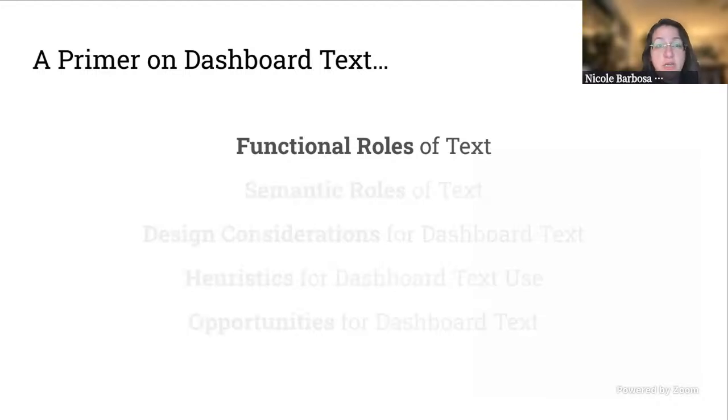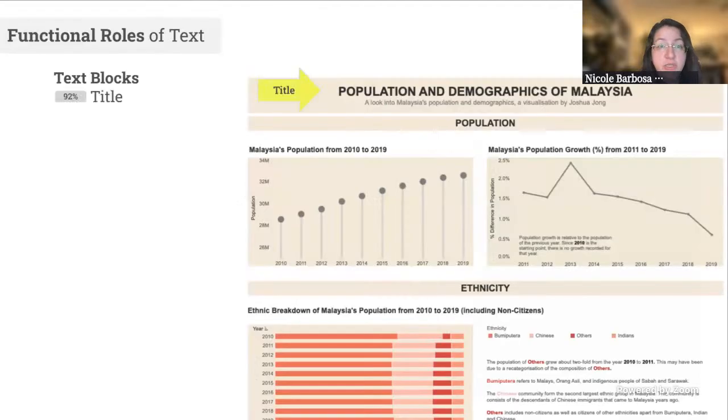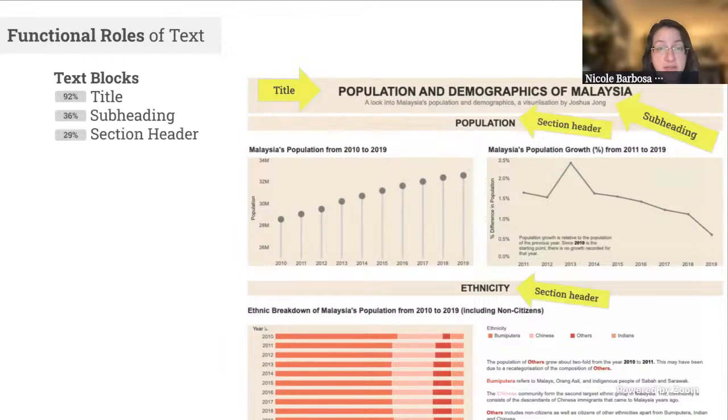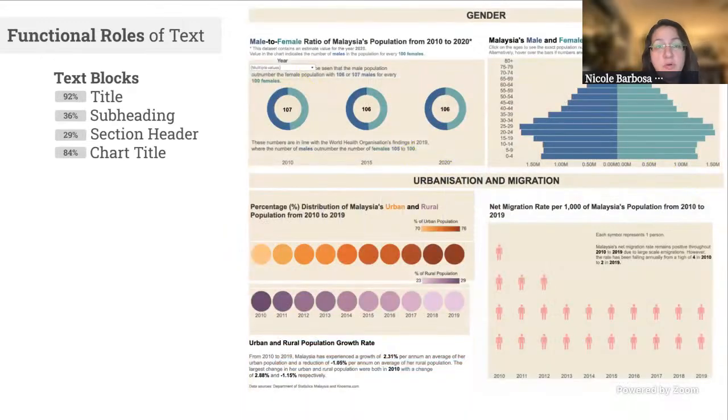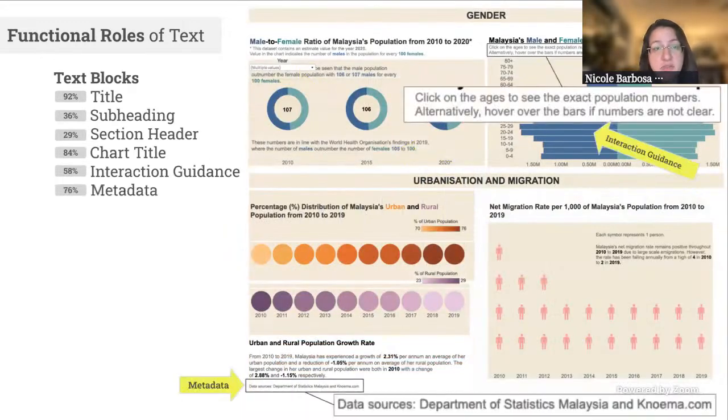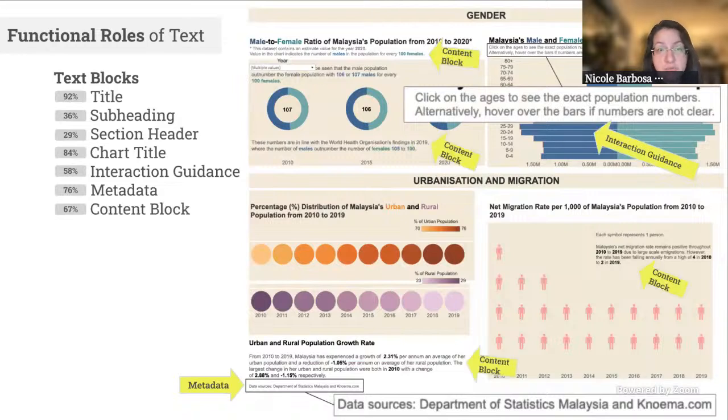We start with the text components we found, which include the dashboard title, present in 92% of dashboards in our catalog, subheadings, section headers, and chart titles, plus other body level components, including interaction guidance, metadata, usually in footnote size, and then content blocks, which are body level blocks containing data-related content.